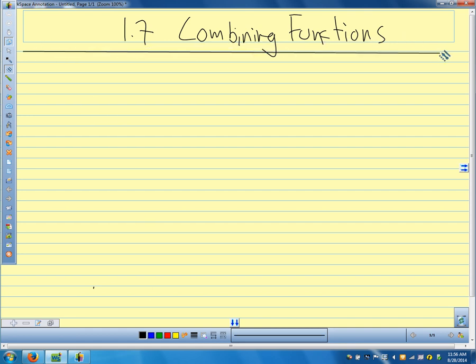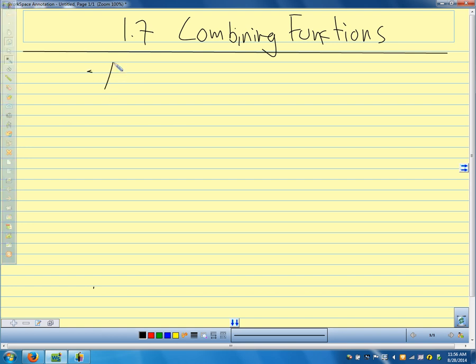So can we think of some examples of how we might combine functions using arithmetic? What kind of thing could we do to two functions to combine them? Add them.